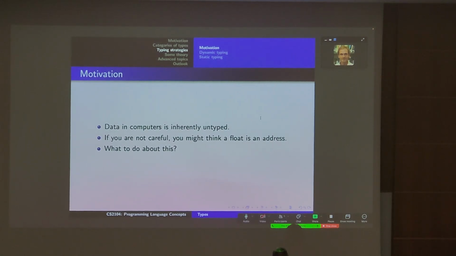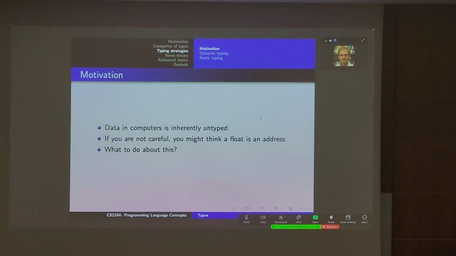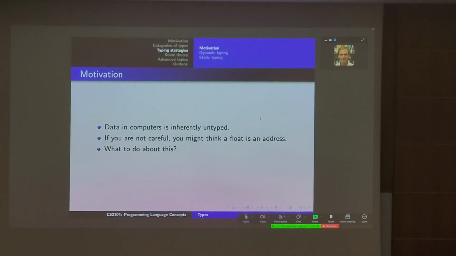So the operating system imposes this constraint on us that floats shouldn't be treated as addresses. At least, those floats, when taken as an address, will take you outside of the memory area.